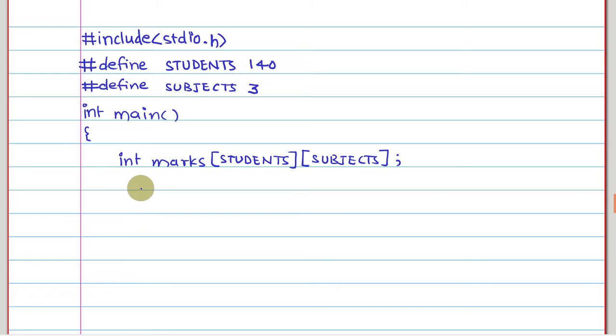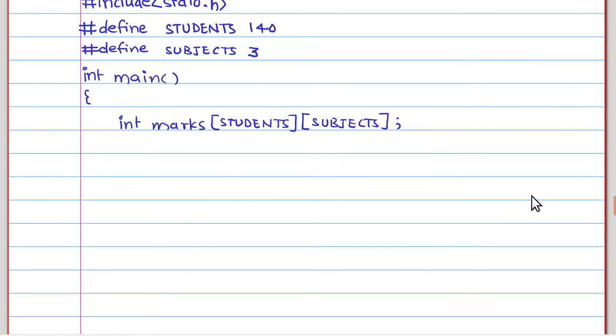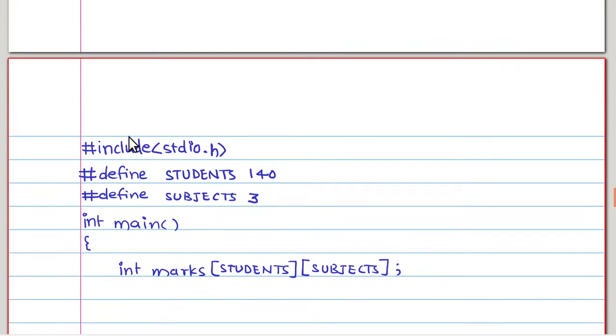Now, as I have already said, we will calculate the percentage of each student, and we will also calculate the average of each subject. So for that, let us declare arrays.